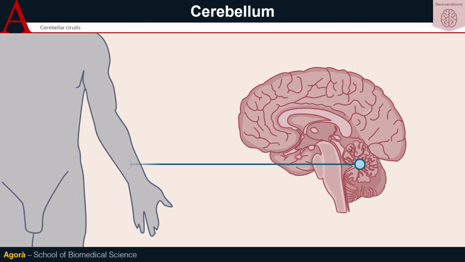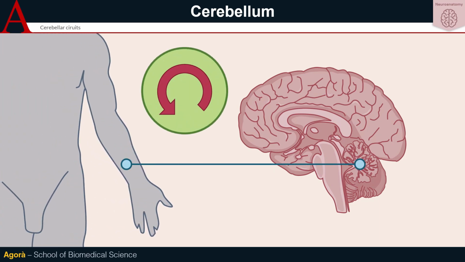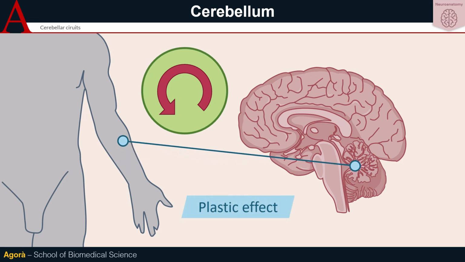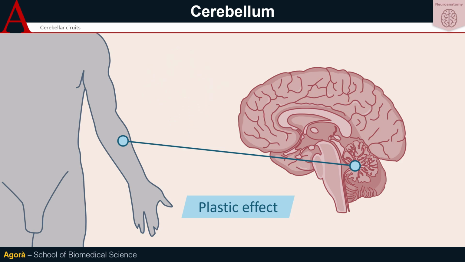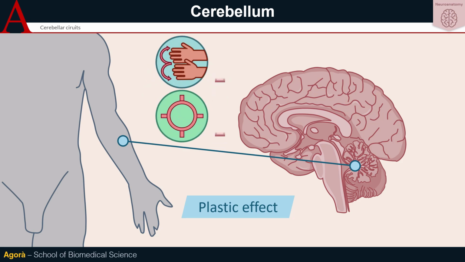It is interesting to note that the repetition of complex movement modifies these neural circuits. This is known as plastic effect on the cerebellar circuits. The cerebellum corrects the efferent responses each time, thus increasing the coordination and precision of the motor patterns.